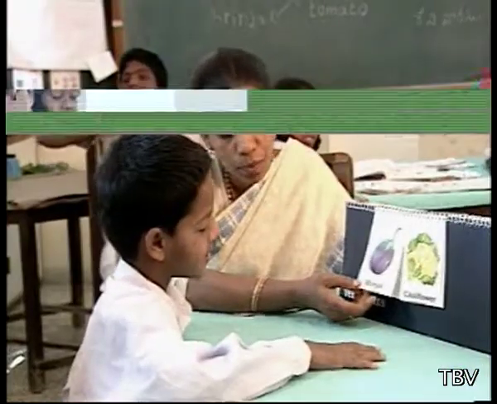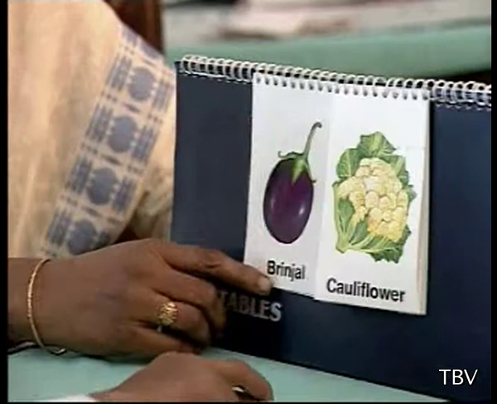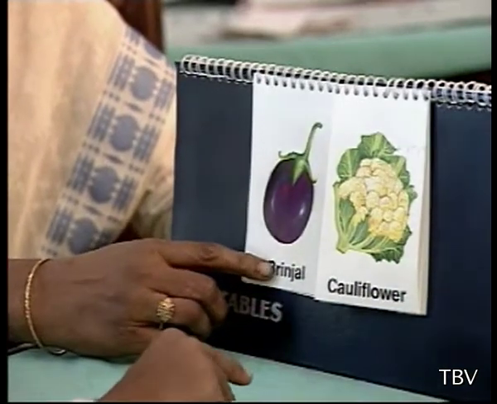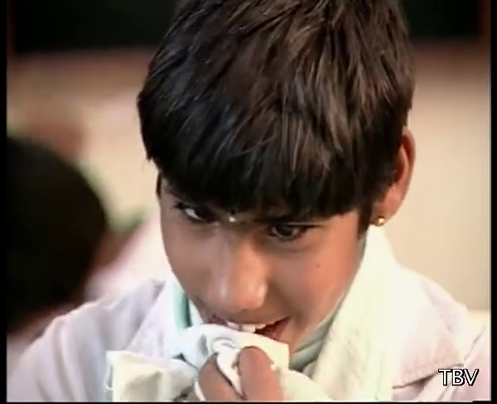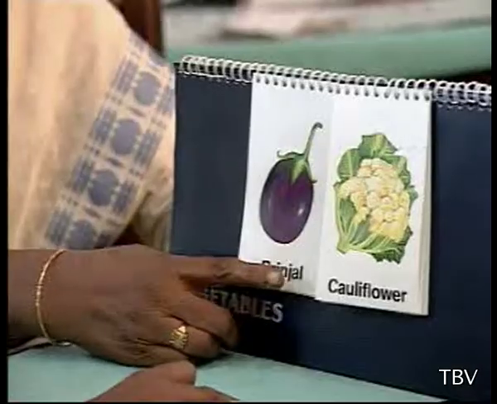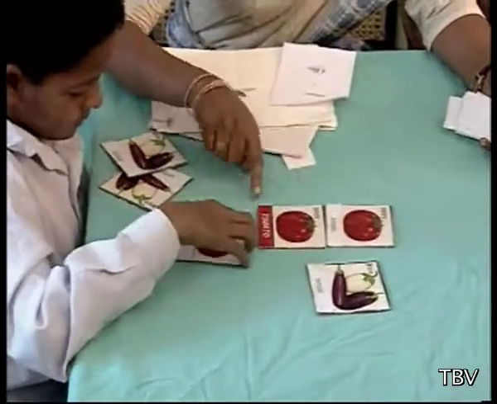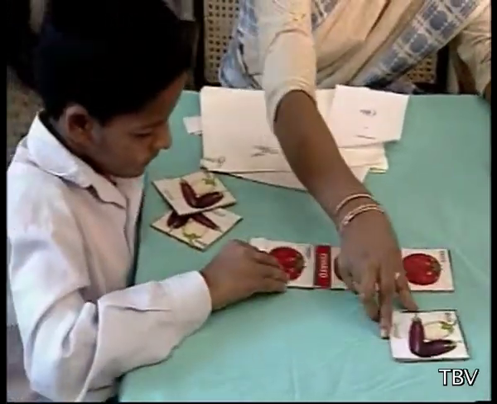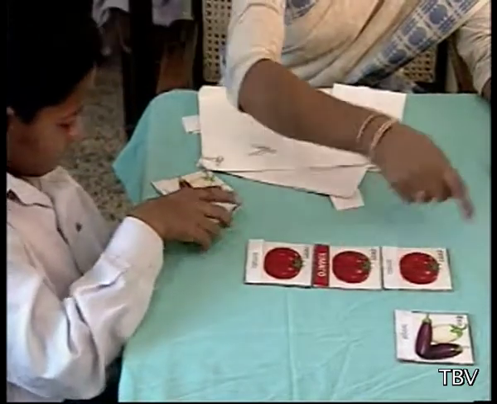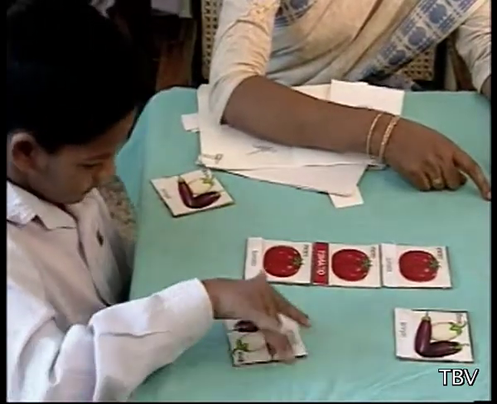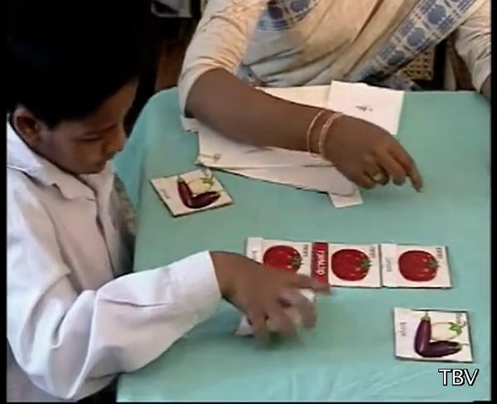Say brinjal. B R I N J A L. Brinjal. Tomato. Now brinjal. The teacher should now introduce the symbol of the picture, the verbal symbol, the written symbol.